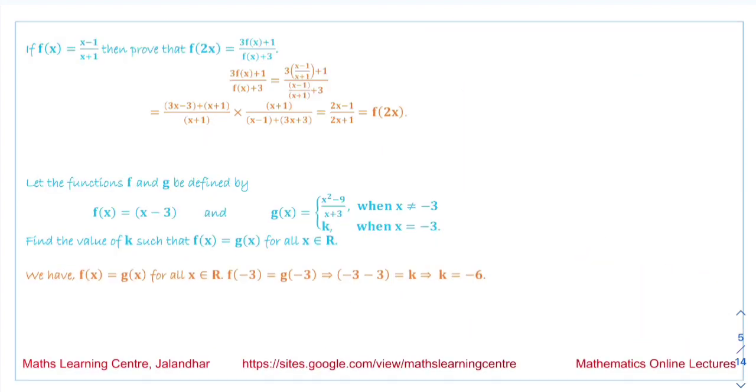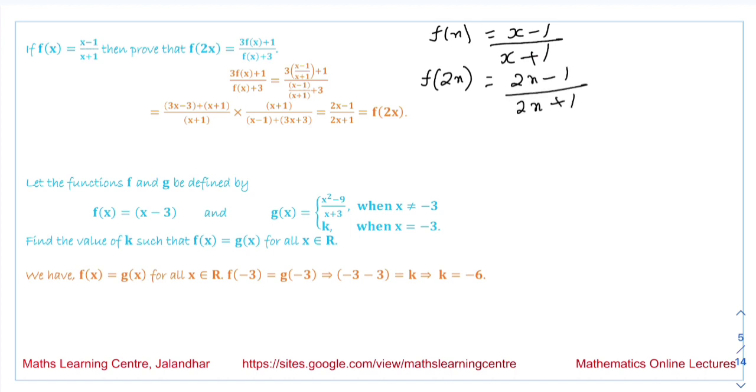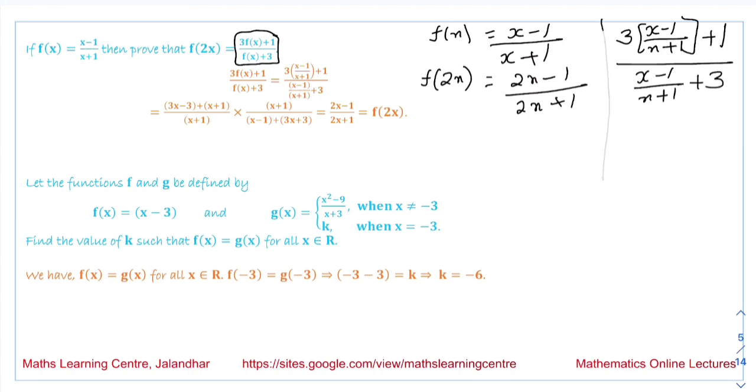Next we have, if f of x is equal to x minus 1 over x plus 1, we have to find the value of f of 2x. So that will be 2x minus 1 over 2x plus 1, and we are saying that this is equal to 3 times f of x plus 1 divided by f of x plus 3, that is x minus 1 over x plus 1 plus 1 divided by x minus 1 over x plus 1 plus 3.